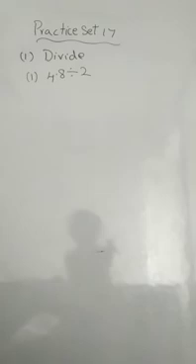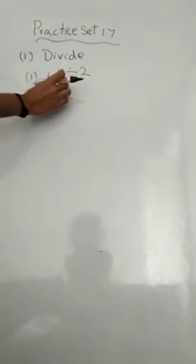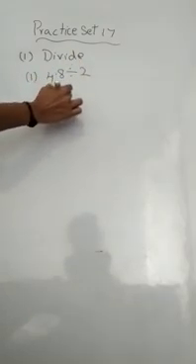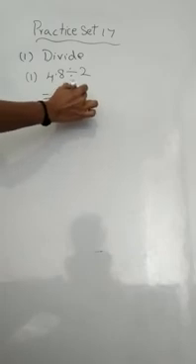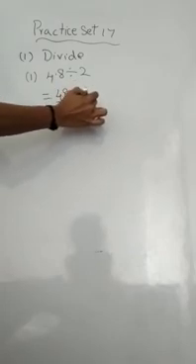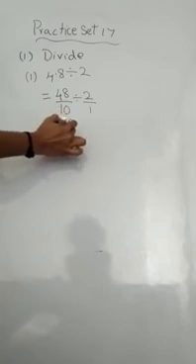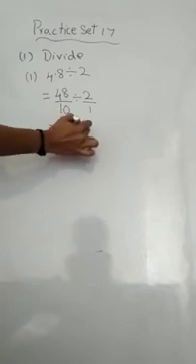Now the next one we are doing practice set 17, which is based on division. So the first question, carry out the following divisions. Okay, 4.8 divided by 2. 48 by 10 divided by 2 by 1, which is equal to 48 by 10 into 1 by 2.